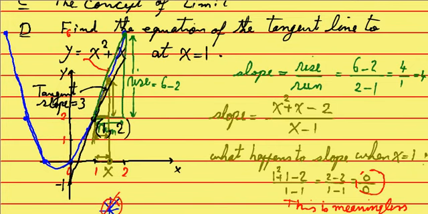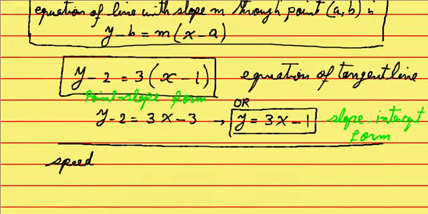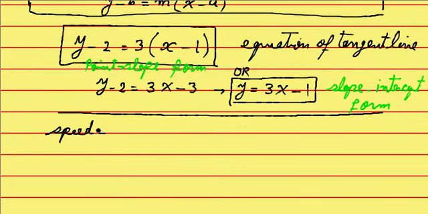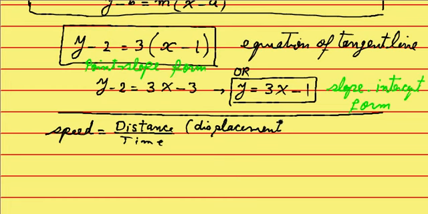Well, one situation that you are very familiar with is the concept of speed. What is speed? Speed is a ratio of distance traveled, or displacement, divided by time. It's a bit more correct if instead of distance we say displacement, but that might sound a little unfamiliar to you.